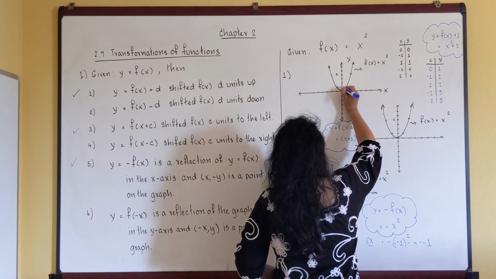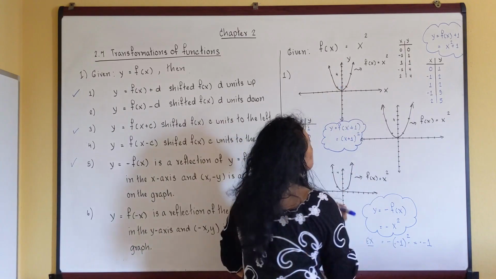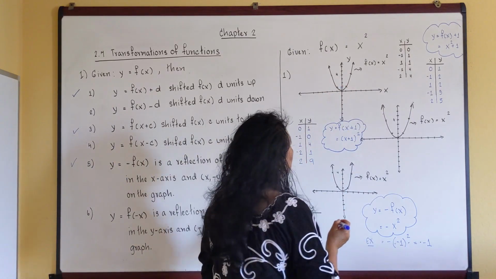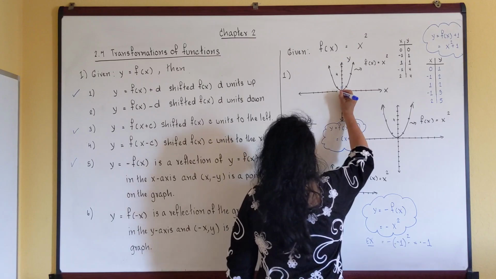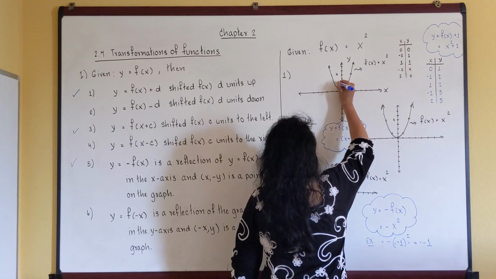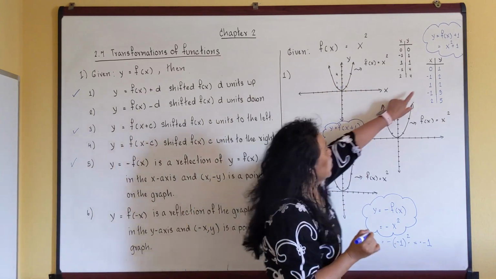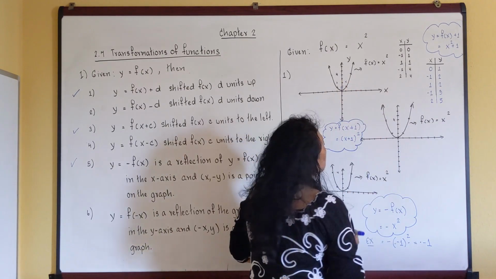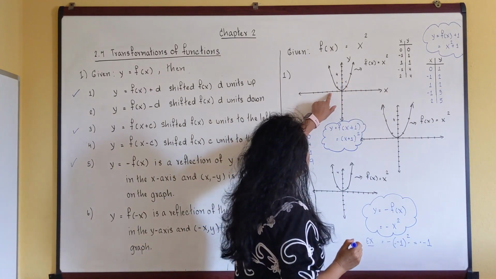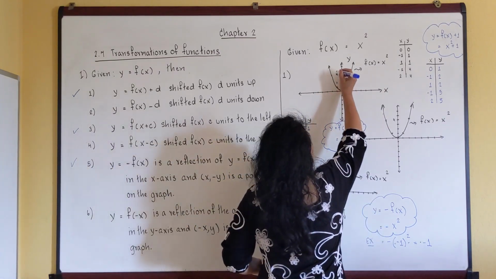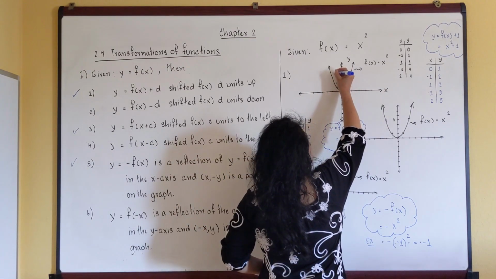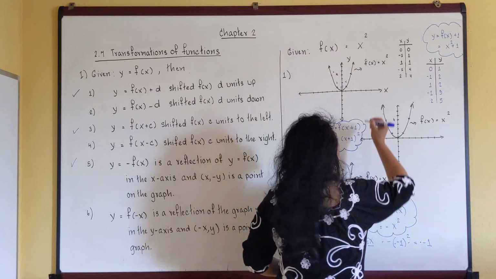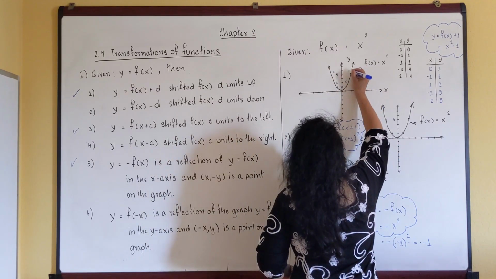If x is 0, y is 1, it's over here. If x is negative 1, y is 2: negative 1 and 2. If x is 1, y is 2. If x is negative 2, y is 5, somewhere here, and if x is 2, y is also 5.